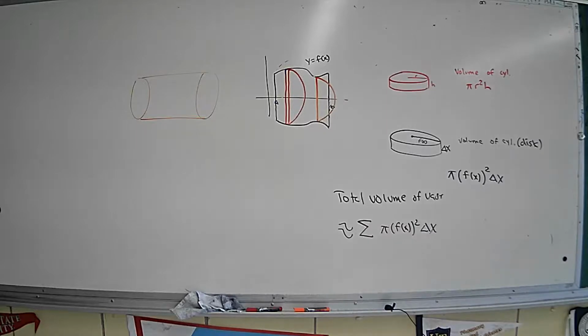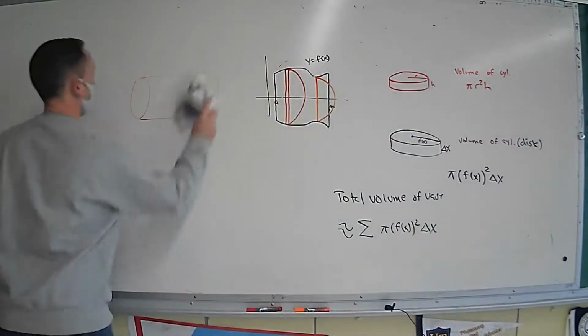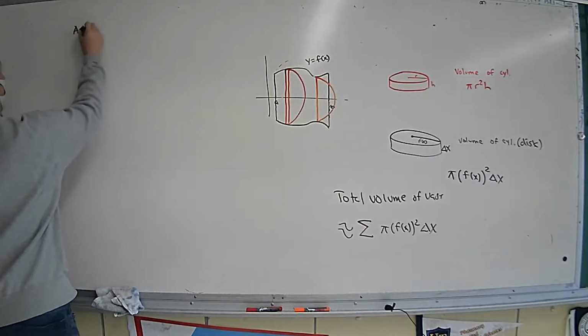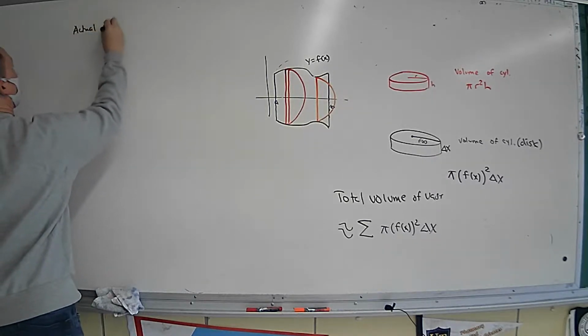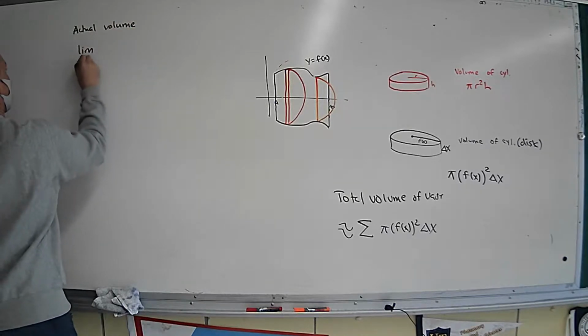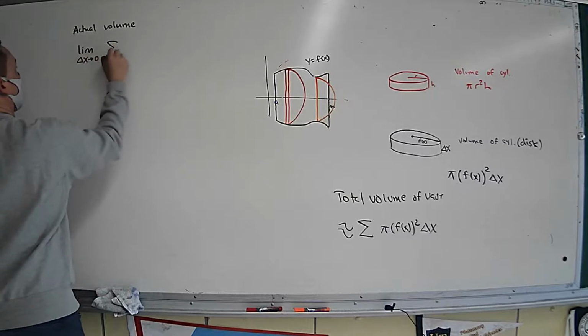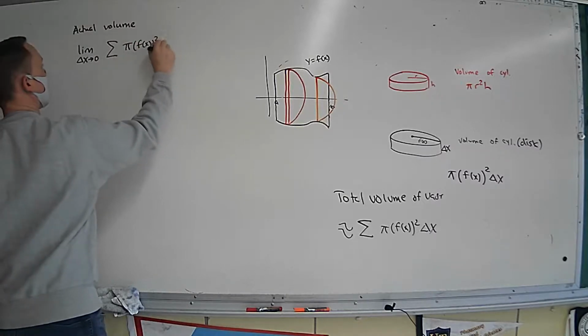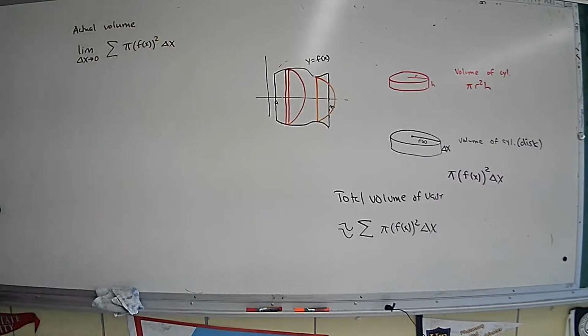So if we take the limit, the actual volume of this baby is going to be the limit as delta x goes to 0 of what Billy just told us, pi f of x squared delta x, right? Now, I don't know how to do that. And I don't think you do either.